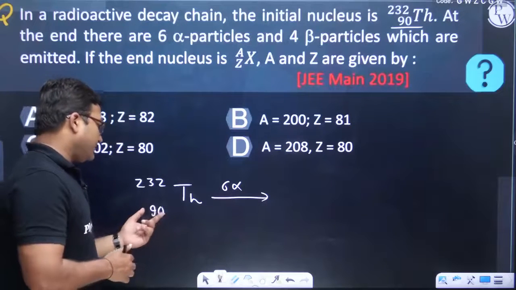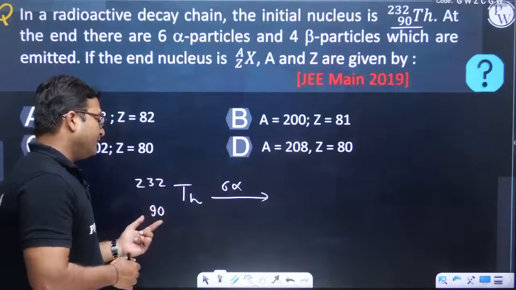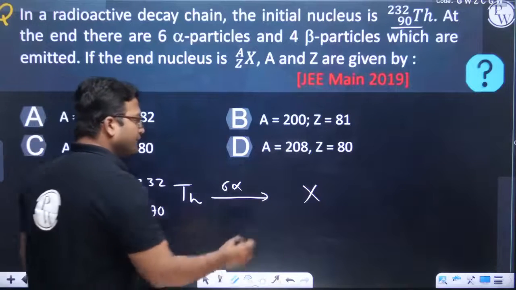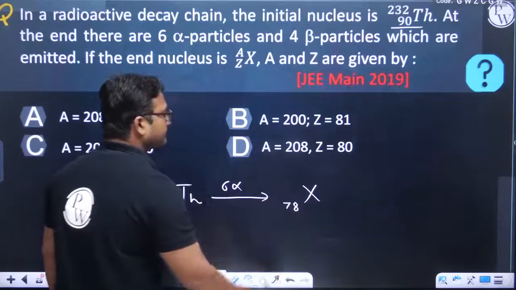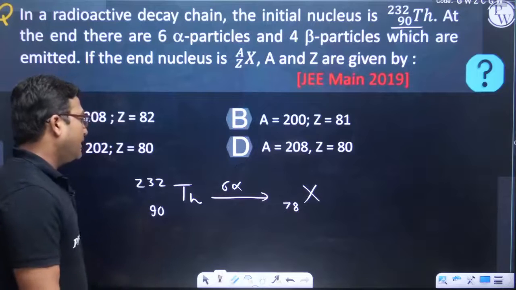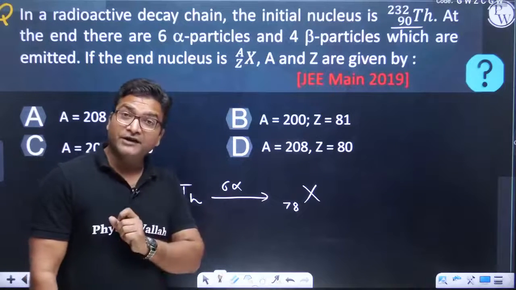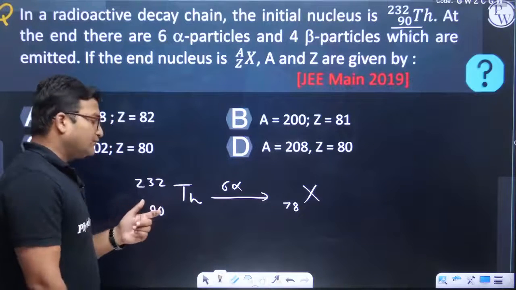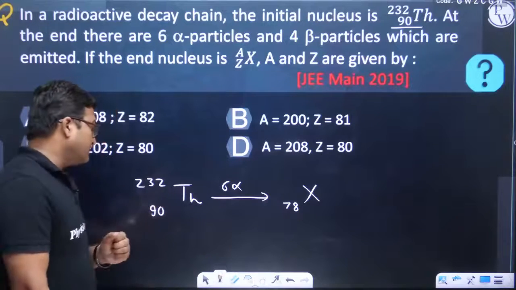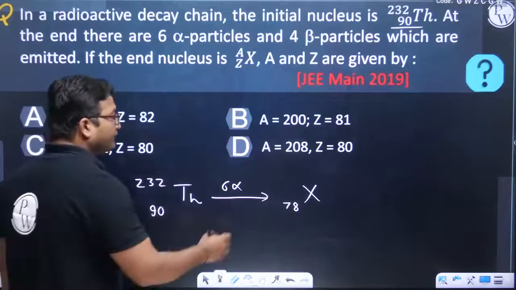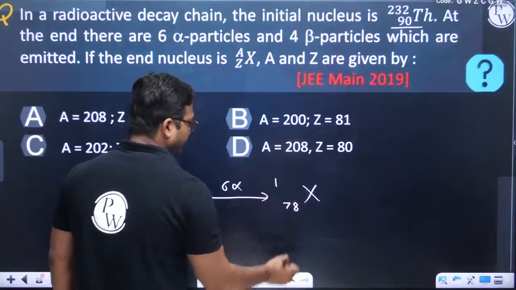So if we reduce 12 protons from here, we get X, and 90 minus 12 gives you 78. And 12 protons, 12 neutrons means 24 nucleons, 24 mass number. So 232 minus 24 gives you 208.